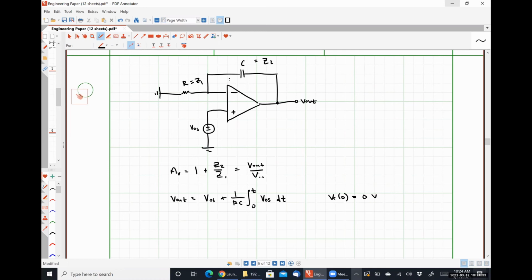So we're just assuming, just to be clear here, that our capacitor is fully discharged before we connect this guy. My offset voltage is not a time varying quantity, right? It's a DC quantity. So that means that I'm going to have VOS plus VOS over RC multiplied by time. So can anybody tell me why this is a problem?